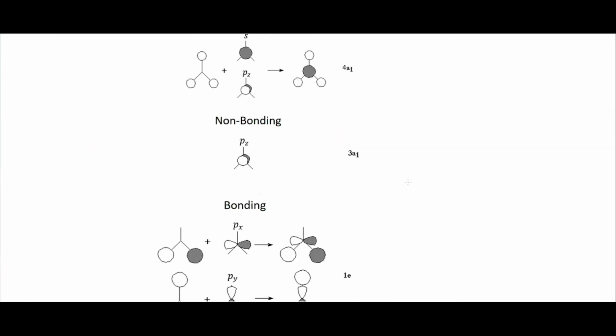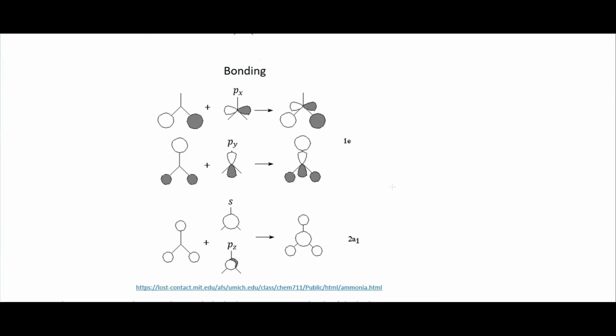So I'm actually going to start at the bottom here for these bonding orbitals. So we see if we have this node that goes down across here, which I talked about above, and then we have a node that goes across here. And so we see how when we add this to the px orbital or the py orbital, we get this overlap, and then here we get this overlap, and then these overlaps going on here.